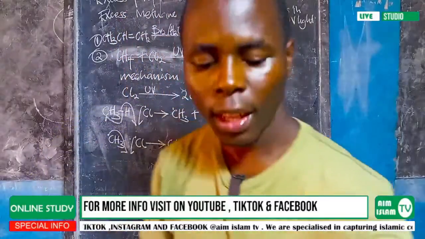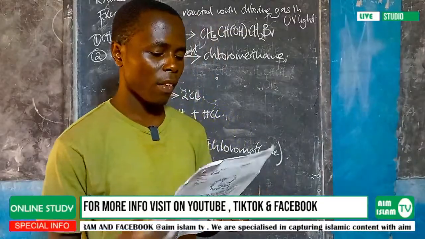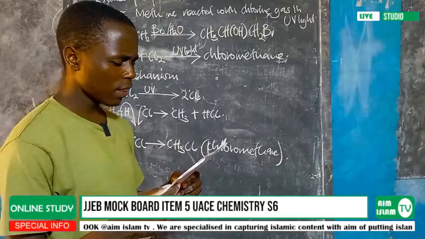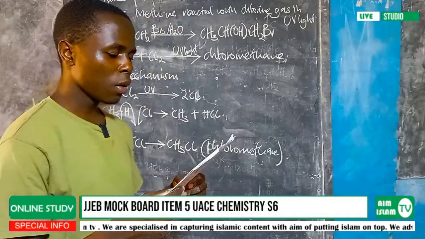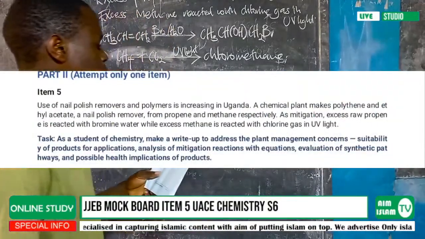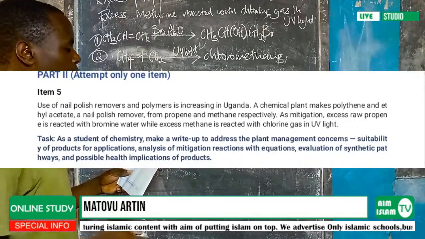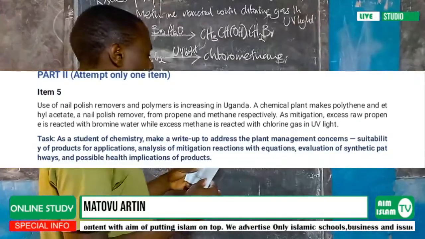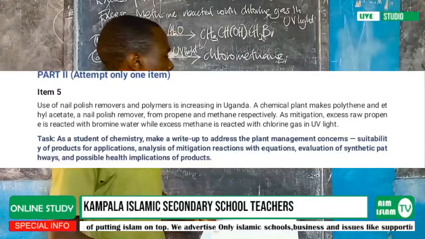So they are saying the management is interested in the stability of these products for their applications: analysis of the mitigation reactions with equations, an evaluation of the synthetic pathways, and the possible environmental impacts of the products.